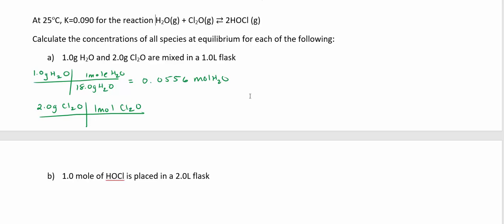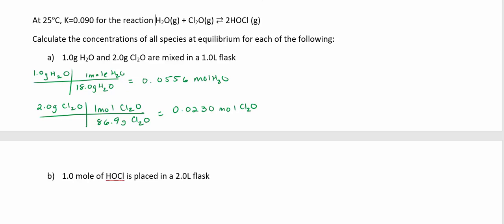And I get a molar mass of this one, 86.9 grams for my dichloromonoxide. So I take 2, divide it by 86.9, and I get 0.0230, and that is moles of dichloromonoxide.